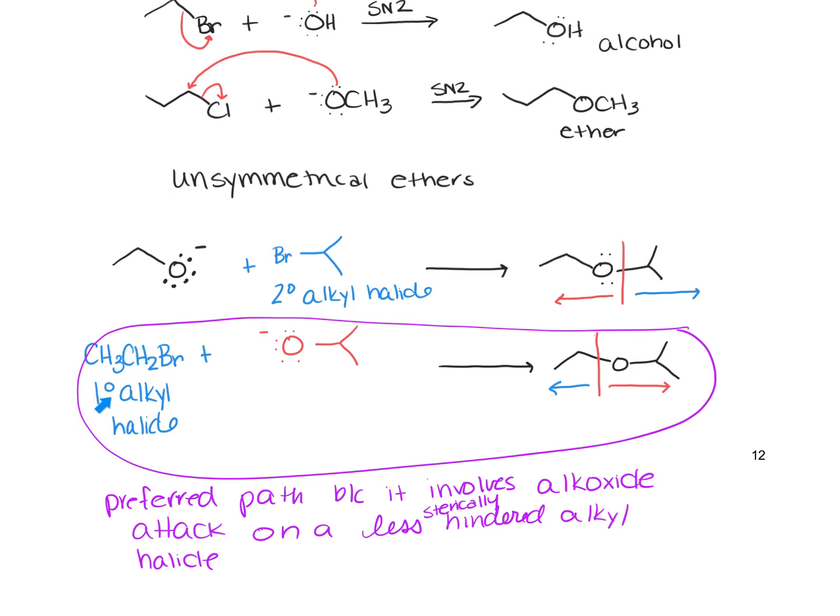So because this alkyl halide is primary, it doesn't have as much steric hindrance as this alkyl halide does. So this is the preferred path.